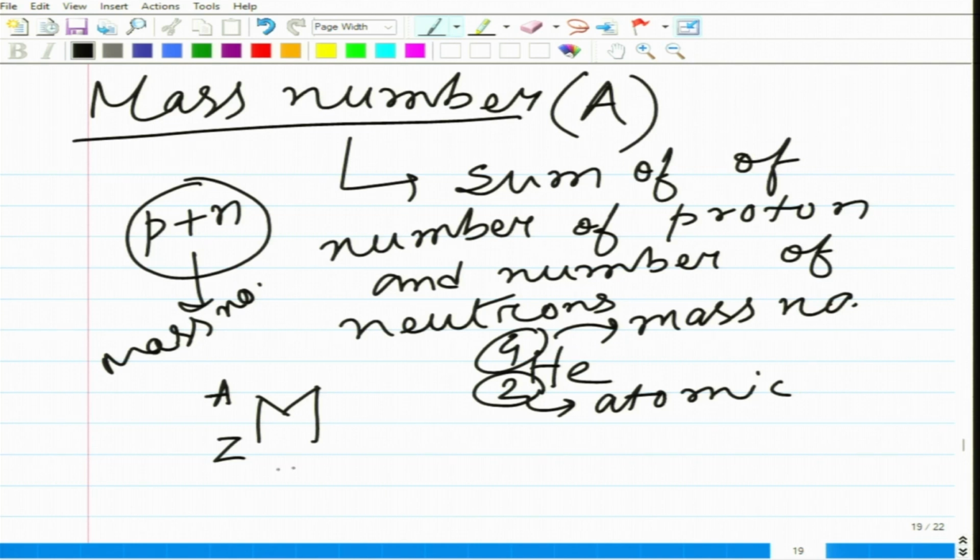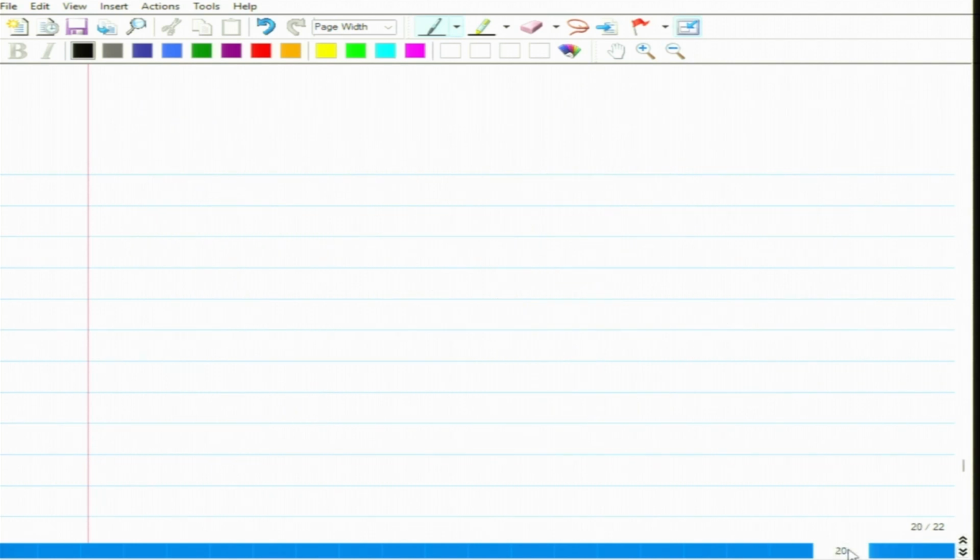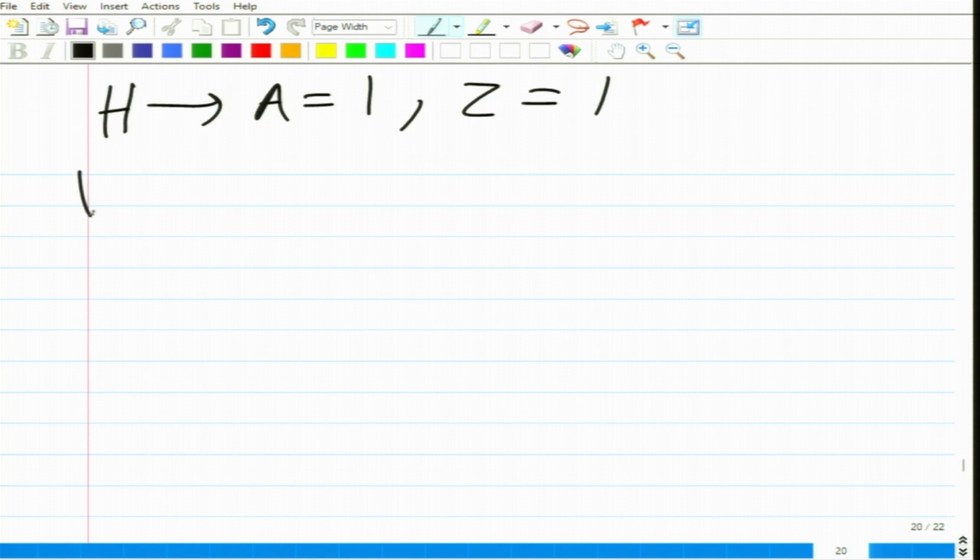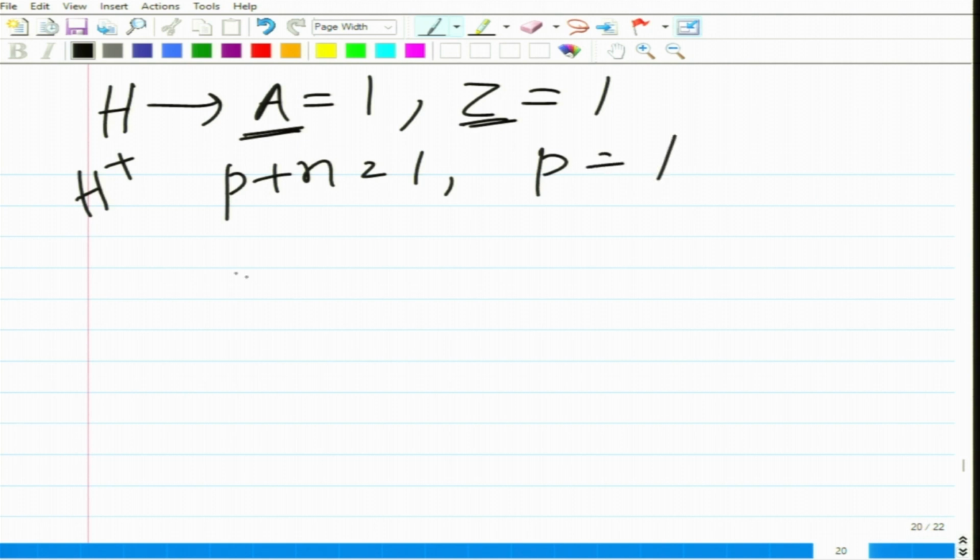So, if we consider some examples like hydrogen, hydrogen has mass number equal to 1 and atomic number also equal to 1. That's why H plus was a proton. Why? Because mass number is proton plus neutron equal to 1 and atomic number is proton equal to 1.